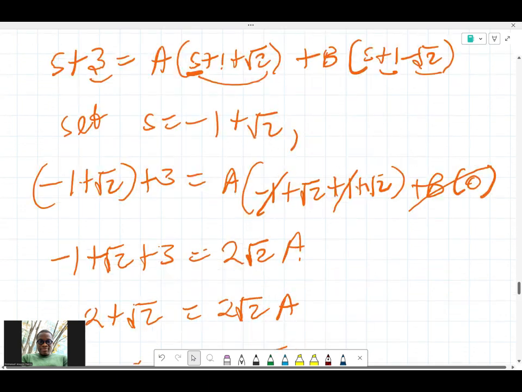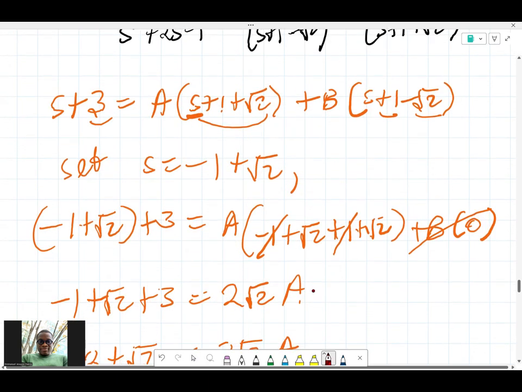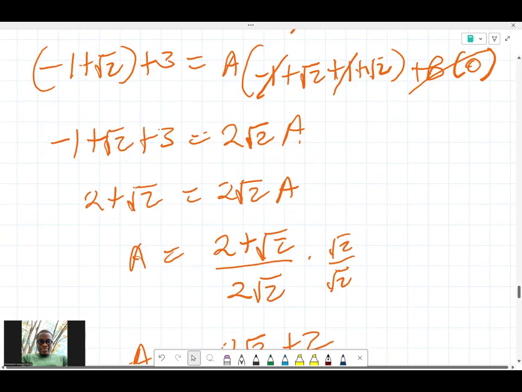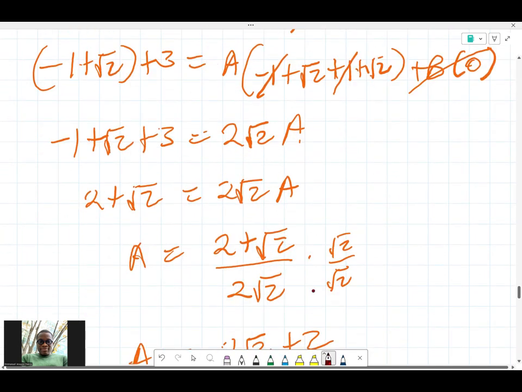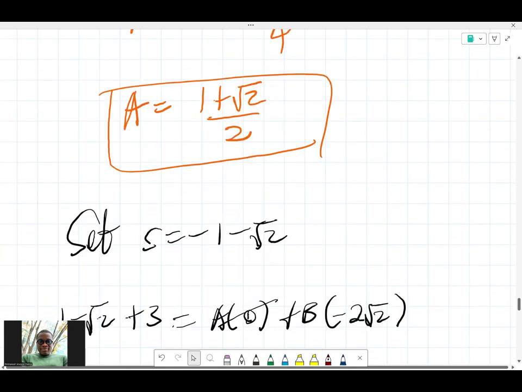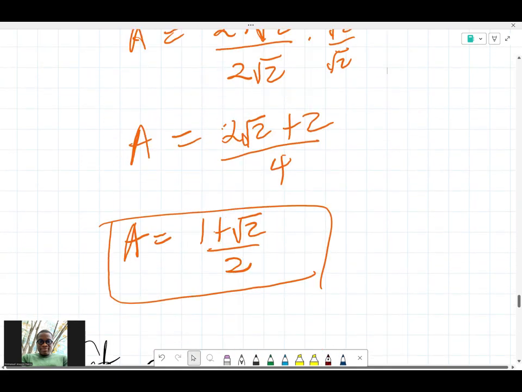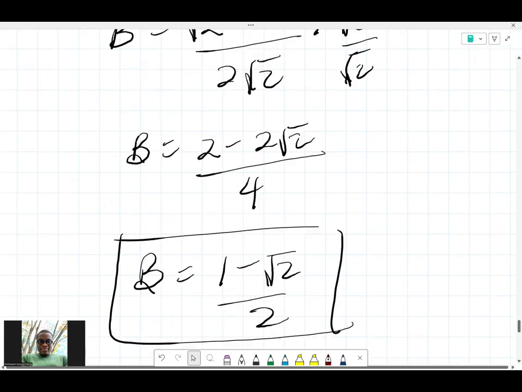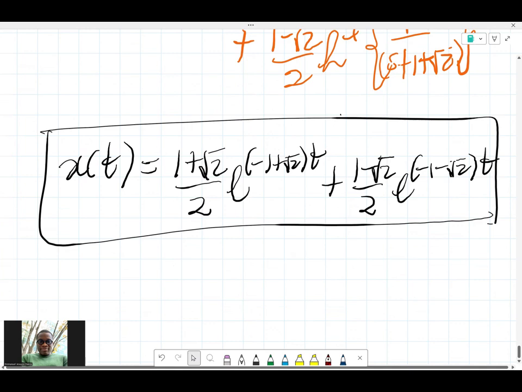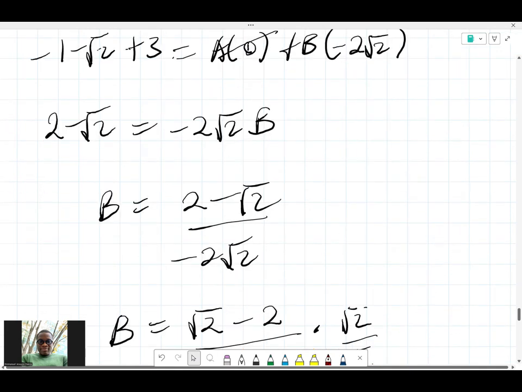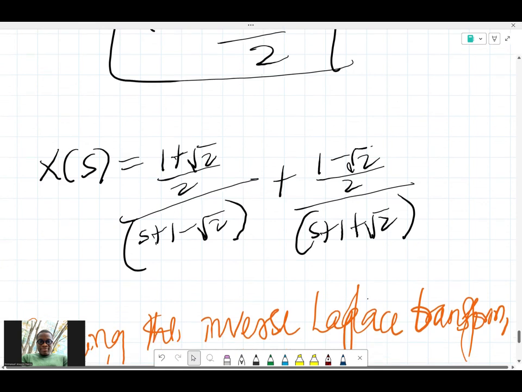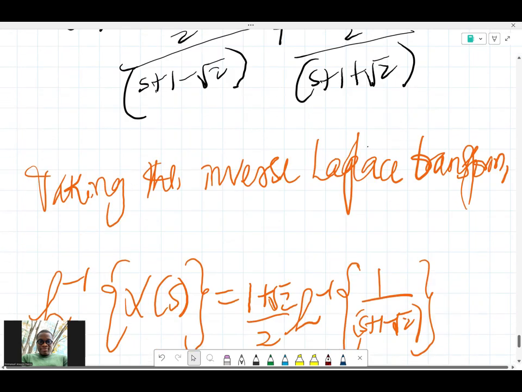So instead of minus 1 plus 3, it will just be 1 plus root 2, and this one will also be 1 minus root 2. No, no, no. Okay, let me not be lazy. Let me just go for it. So y of s again is what now?